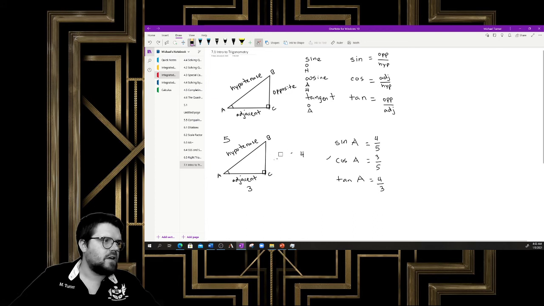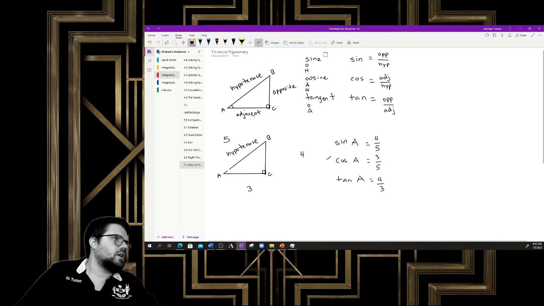But let's say instead of angle A, I asked you to find the ratios for angle B. If I ask you for the ratios for angle B, then AC would be the opposite side, and BC would be the adjacent side.